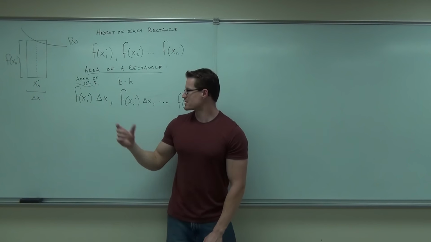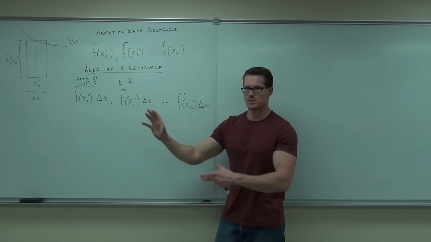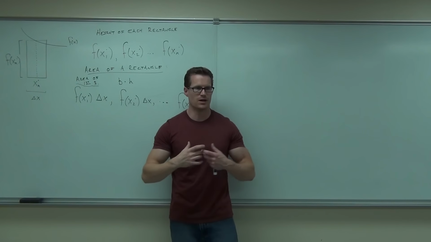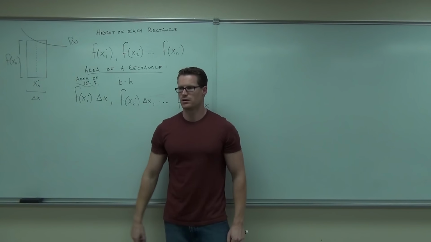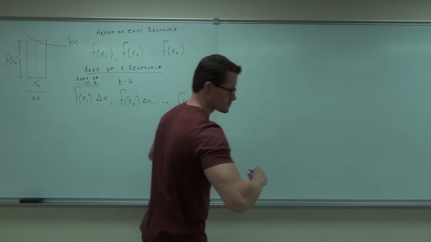Now, since this is the area of each individual rectangle from 1 through n, and that encompasses all of them, how do you find the area of the whole thing? Add them up. So then the area would be this.